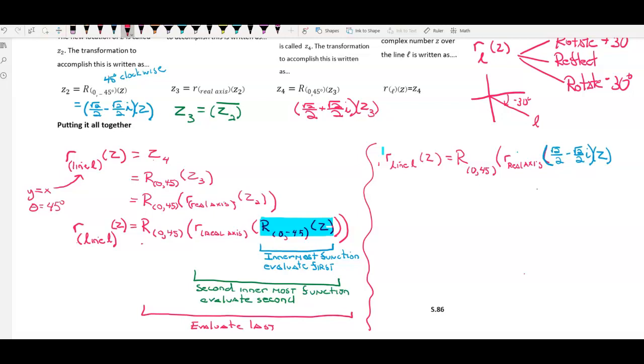Then you have to make sure you got all the parentheses correct. Okay, do you see the substitution that I did?